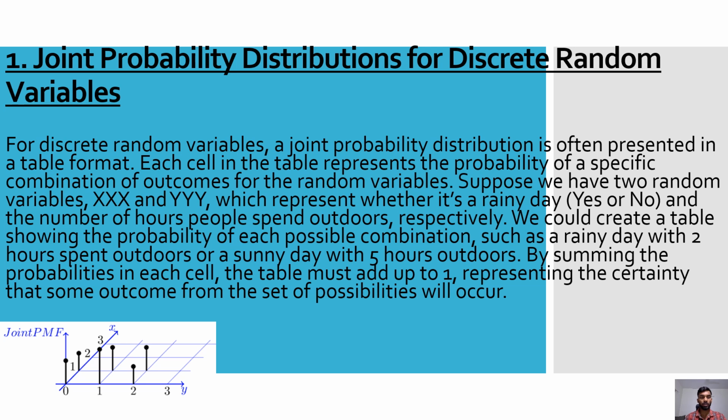We could create a table showing the probability of each possible combination, such as a rainy day with 2 hours spent outdoors or a sunny day with 5 hours outdoors. By summing the probabilities in each cell, the table must add up to 1, representing the certainty that some outcome from the set of possibilities will occur.